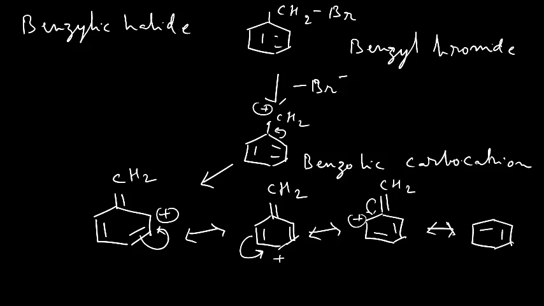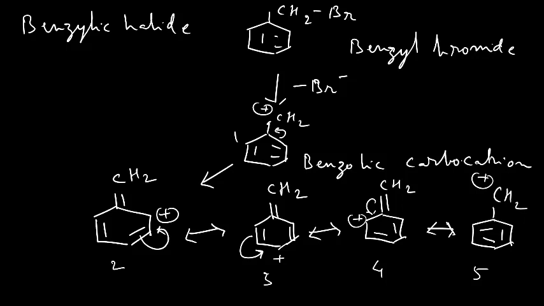So like this, CH2 plus. So here we have 1, 2, 3, 4, 5. Totally 5 resonance structures.